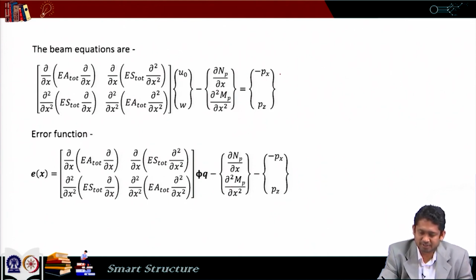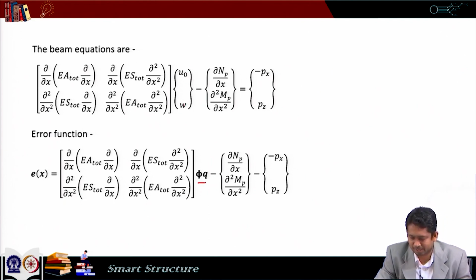So, again the governing equation rewritten here. So, if we put the approximations of u 0 and w, that becomes our phi multiplied by q. Now, because they are approximations, they may not be exact with u 0 and w.